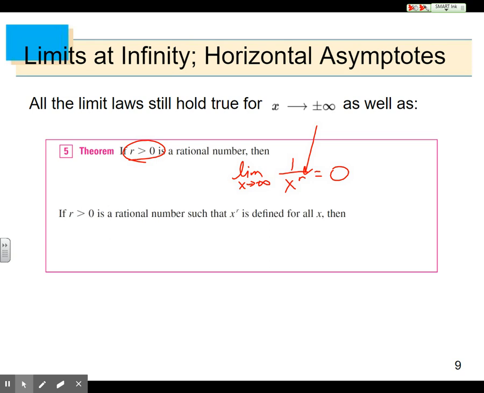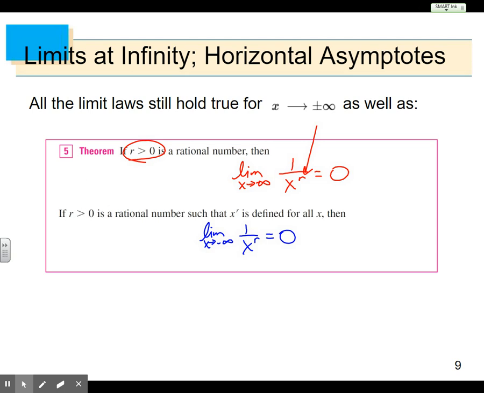So if r is greater than 0 and is a rational number such that x to the r is defined for all x, then I can also work this in the negative direction. The limit as x approaches negative infinity of 1 over x to the r would also equal 0. So that's what we illustrated in the last example.